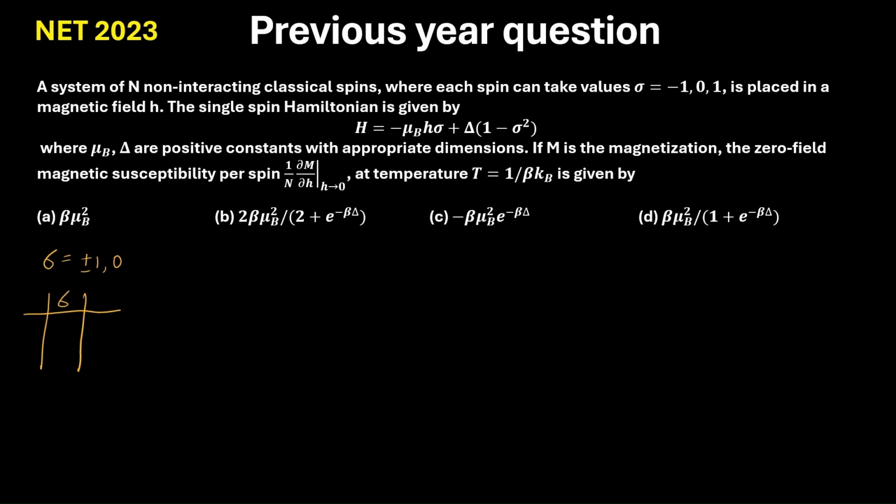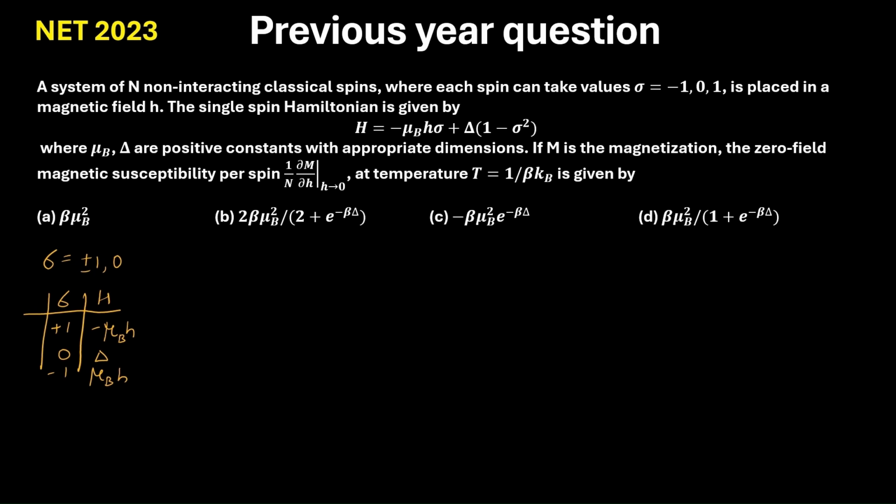When sigma is +1, the energy will be minus mu B h. And when sigma is 0, it will be delta. And when sigma is -1, it will be mu B h. So these are the 3 energy values.